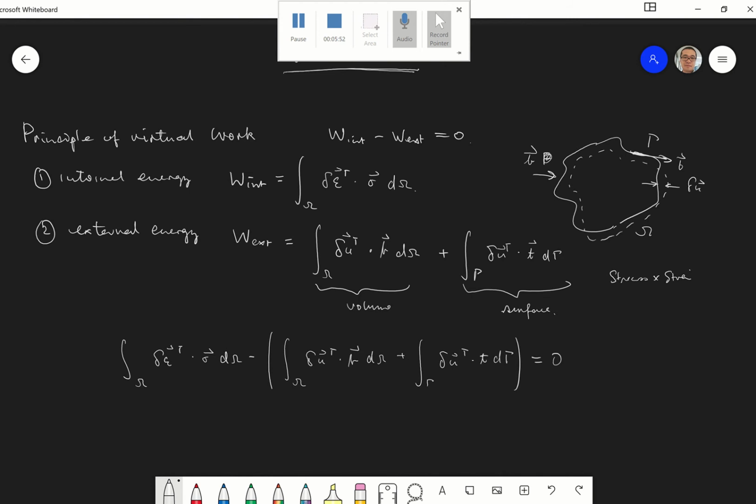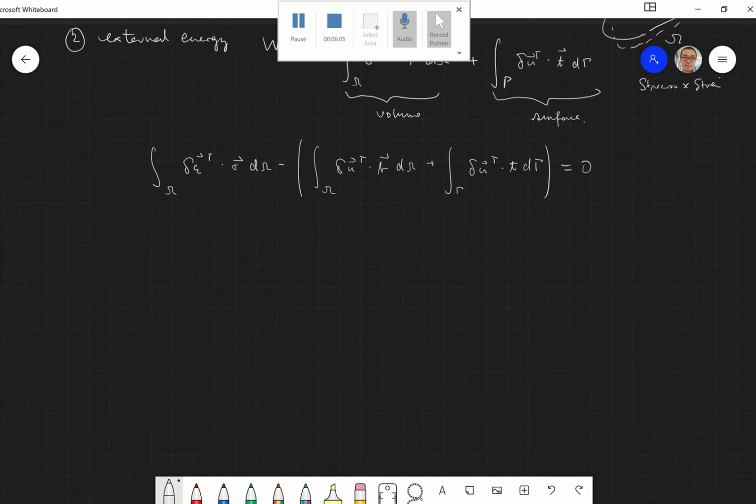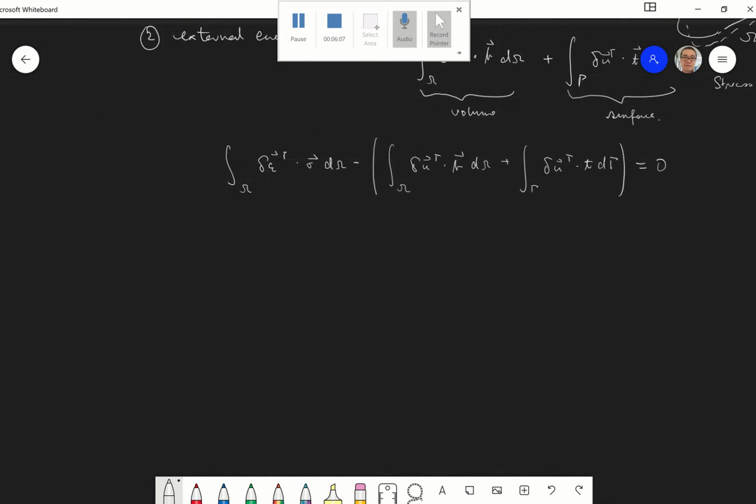And this delta u is a result of this b force and this t force, right? The volume and surface forces. Now, this is the general equation that underpins the principle of virtual work.